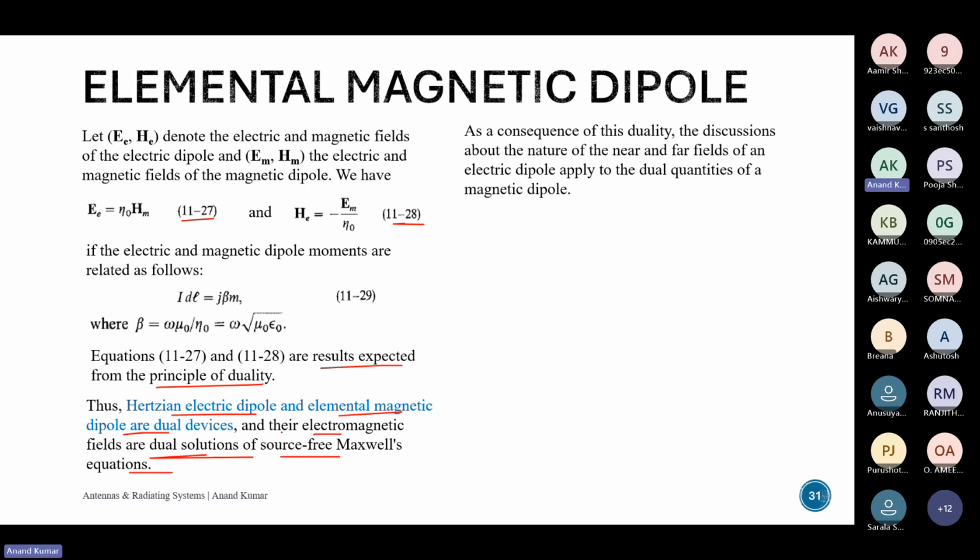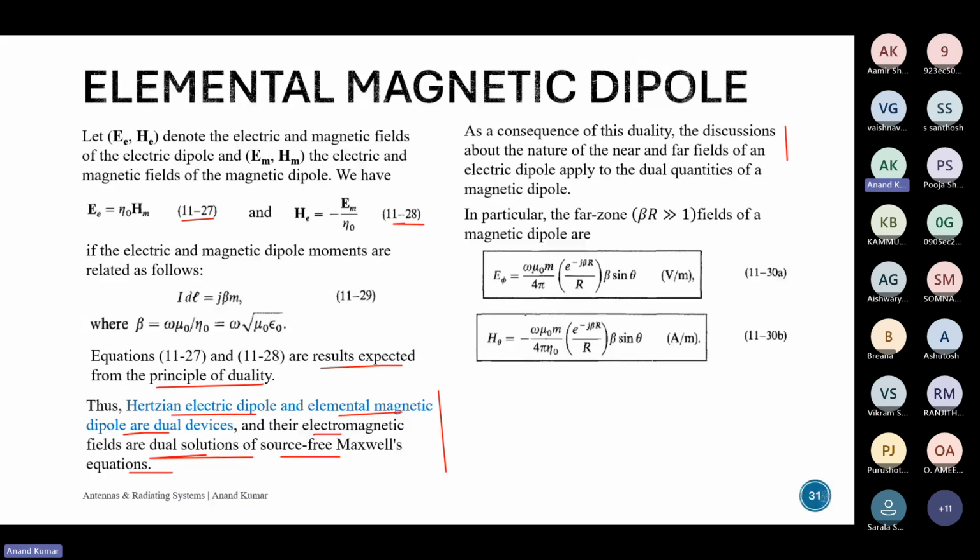What they're trying to say is that the EM fields at the far field will resemble the source-free Maxwell's equations. So we don't have to stress about all these things. Essentially, we found the electric and magnetic field for the electric dipole and magnetic dipole, and we have established the duality.